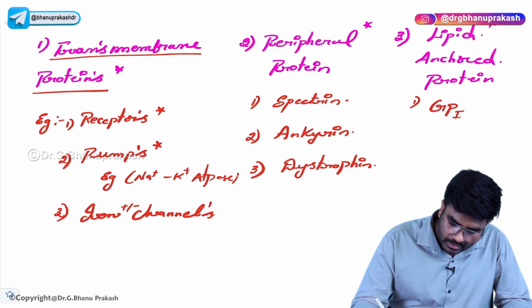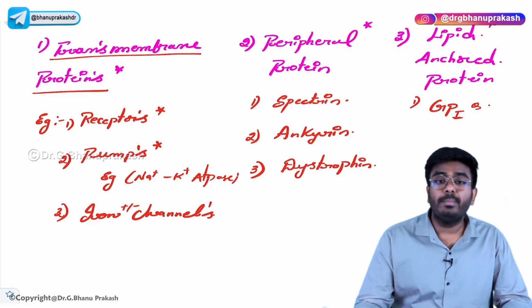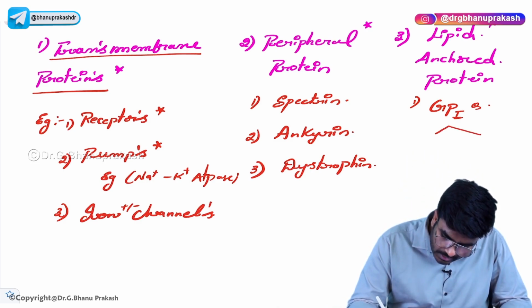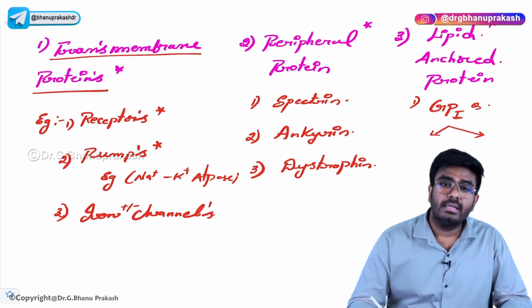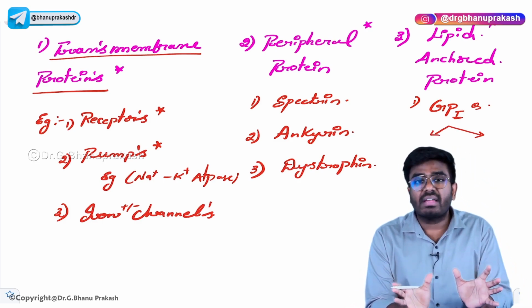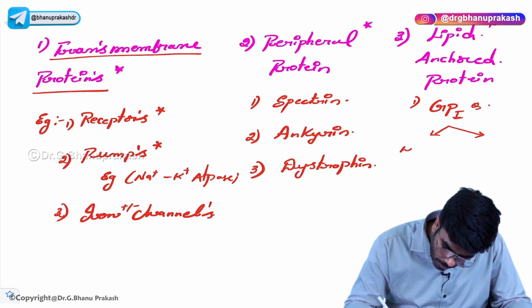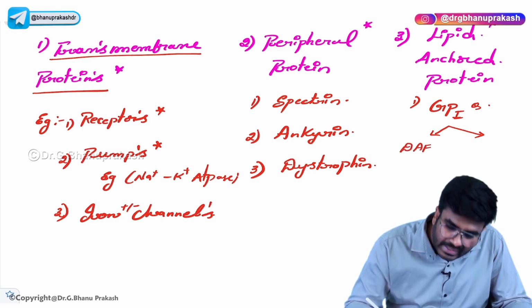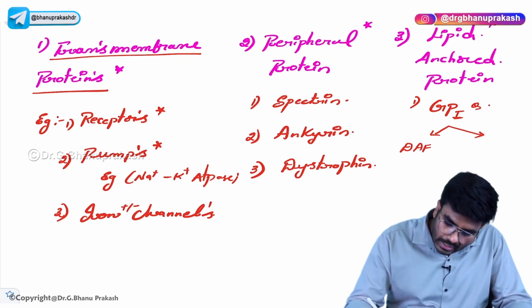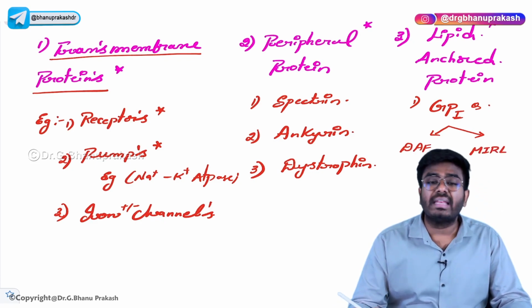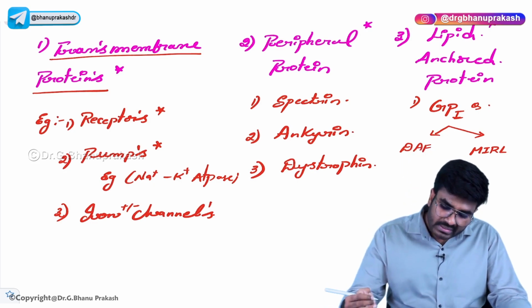GPI is an example of a lipid anchored protein. This GPI molecule is present on the surfaces of cells. Imagine it's a protein which has two hands. With one hand, it is catching a molecule called DAF, decay accelerating factor, and MIRL, membrane induced reactive lysis. Now what is the importance of this?